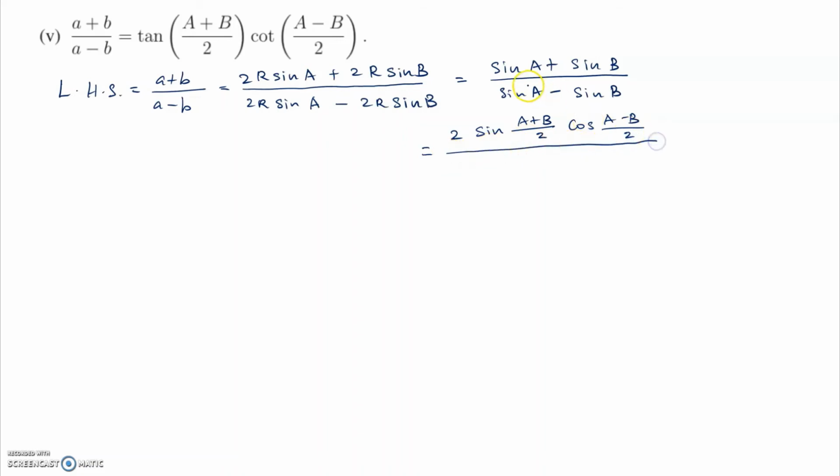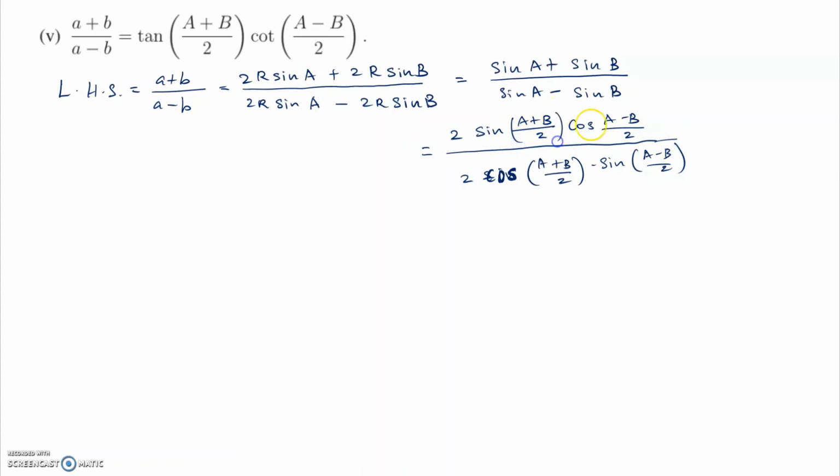Similarly, we can write sine A minus sine B as 2 times, sorry, this is cos A plus B by 2 into sine A minus B by 2.